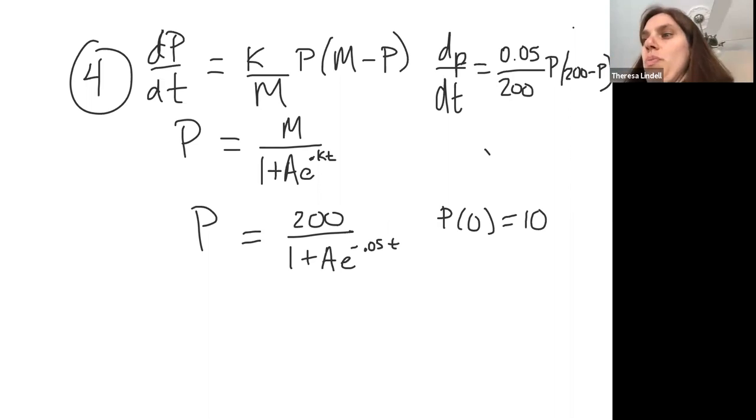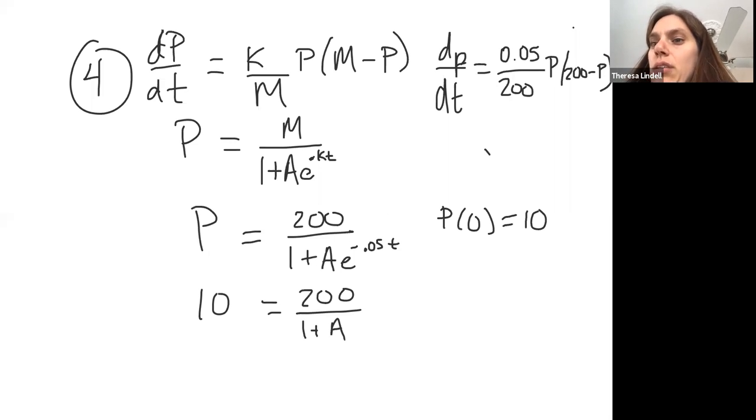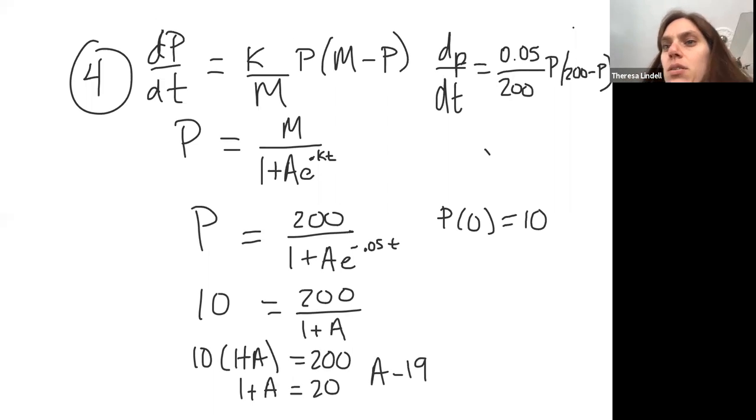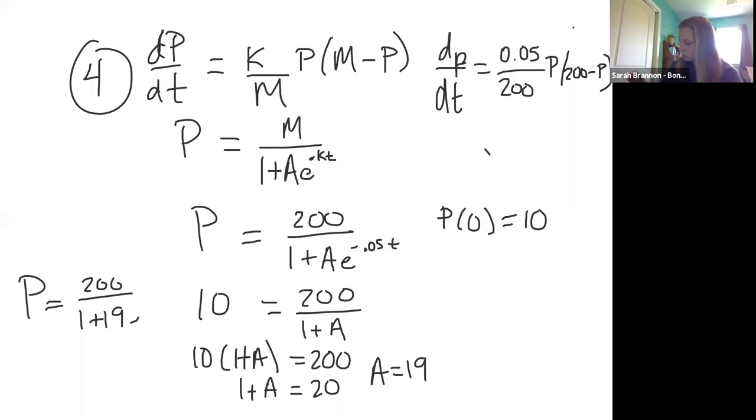So you put 10 here, 200 over 1 plus A. So you have 10 times 1 plus A equals 200, divided by 10, 1 plus A equals 20. And so A equals 19. So the final answer is P equals 200 over 1 plus 19 e to the negative 0.05t.